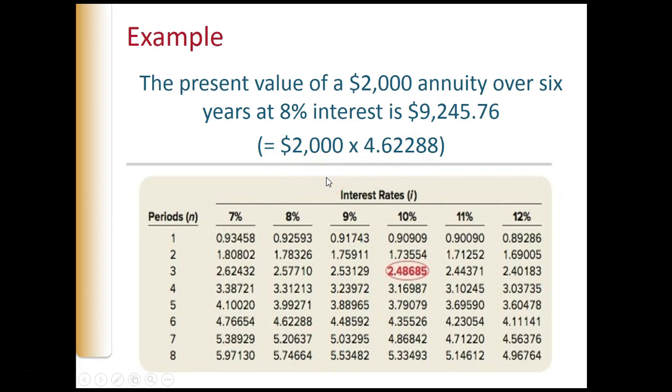The $2,000 annuity over 6 years at 8% comes up to $9,246. So the present value of a $2,000 annuity over 6 years at 8% is $9,246.